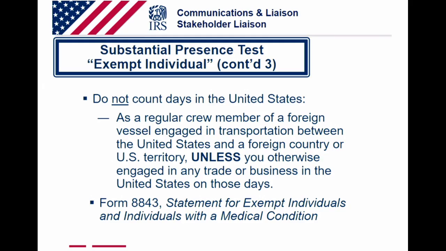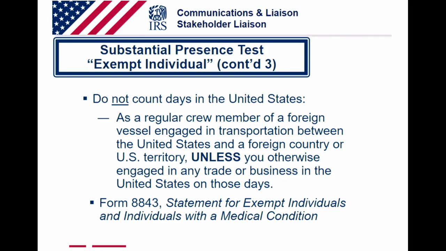Or, if they're not required to file an income tax return, Form 8843 must be filed as a standalone form by the due date for filing the Form 1040-NR or Form 1040-EZ.